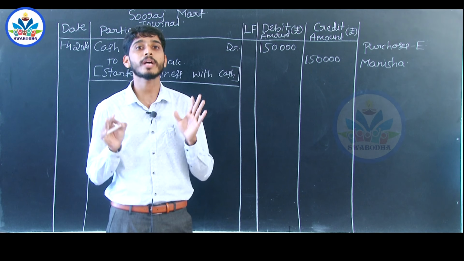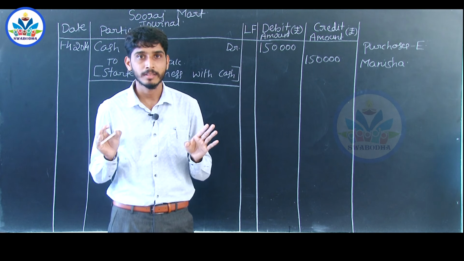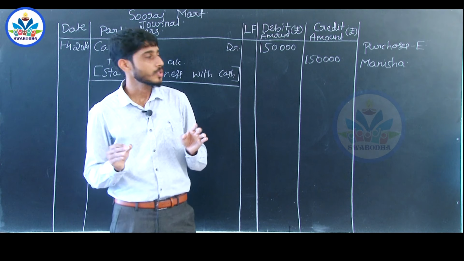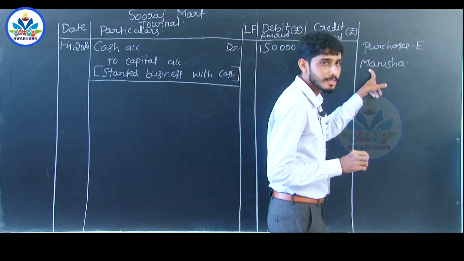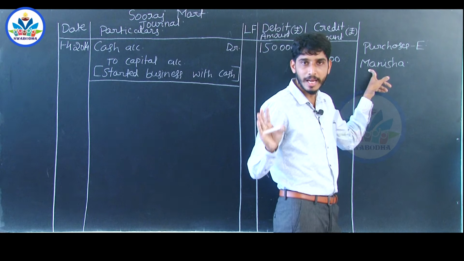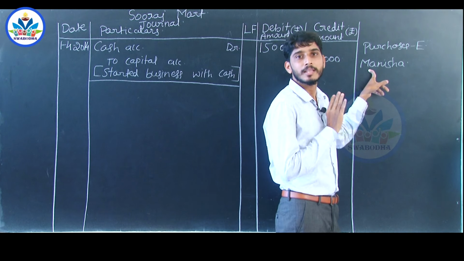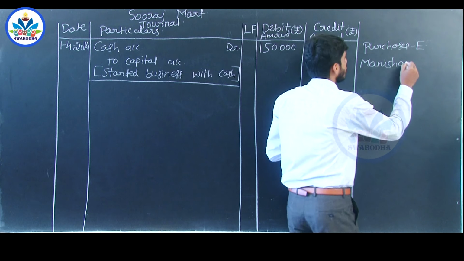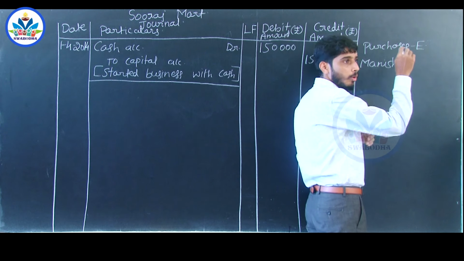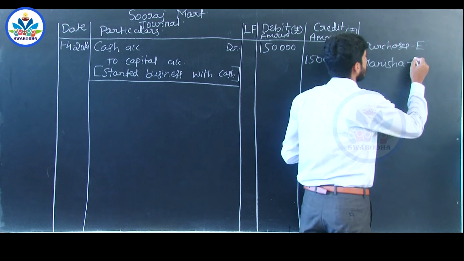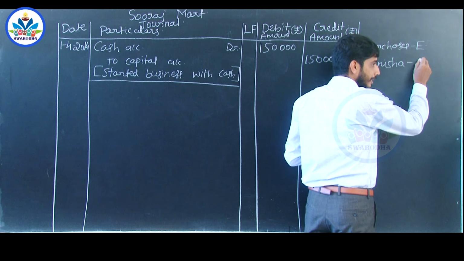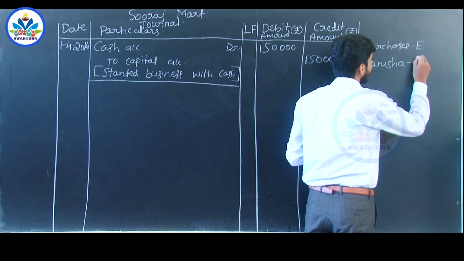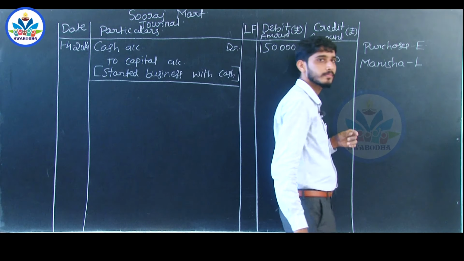That means amount has not been paid. So we assume that this particular transaction is a credit transaction. Manisha is the supplier of goods on credit basis, she becomes the creditor. Creditor means it is a liability.